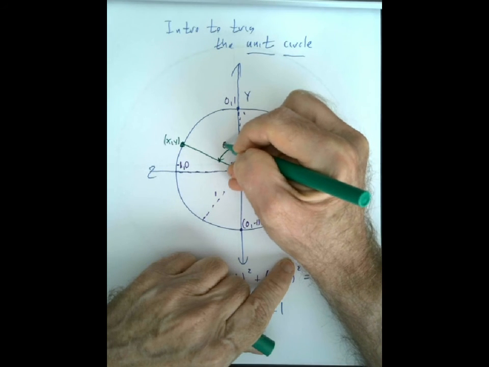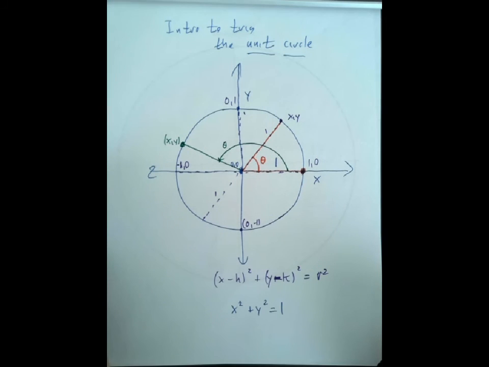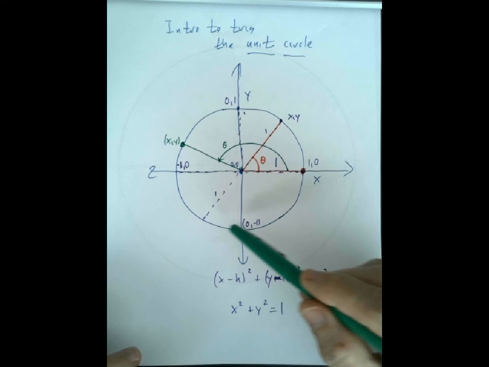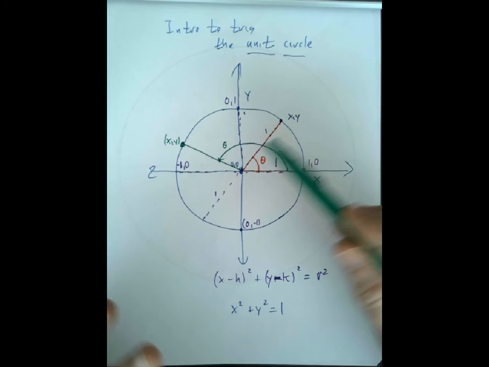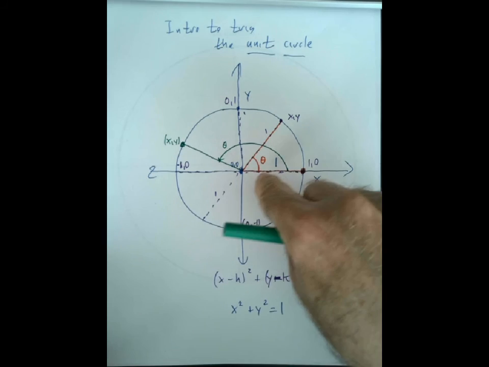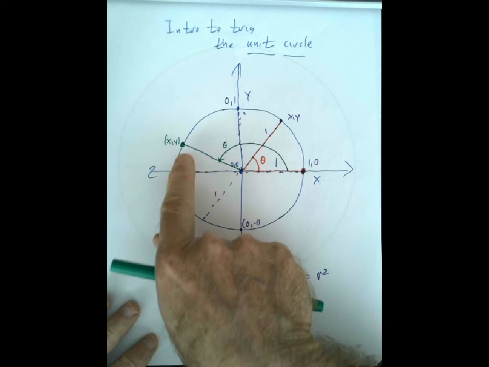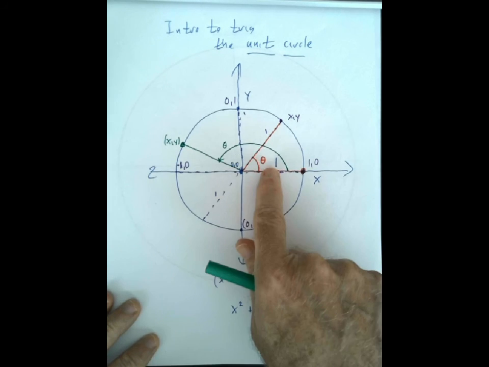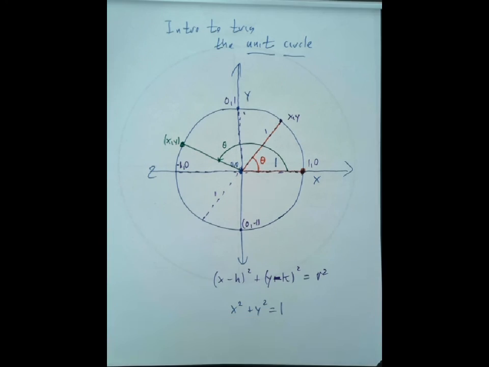Let's call that angle theta. That's associated with that point x comma y, right? So that's the unit circle here, and we can go all the way around, right? There'll be more to say about this later on, but remember that as we go around, we can either go in a negative direction to get to this point xy, or a positive direction to get to that xy. But I'll fill those details in later on, after we've spent some time with the unit circle, okay?